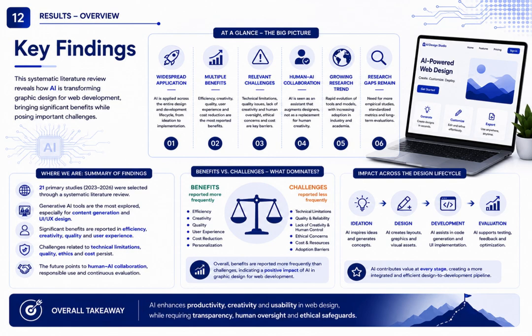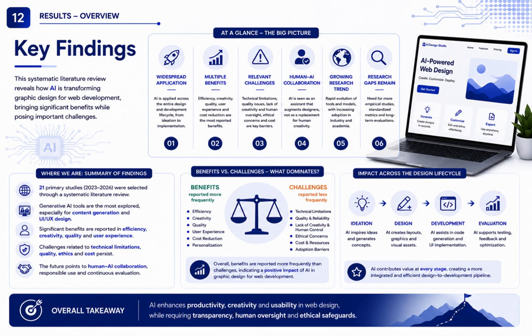Bringing all the results together, our review shows that artificial intelligence is rapidly transforming graphic design for web development. The evidence consistently demonstrates improvements in productivity, creativity, and user experience. However, these advantages are accompanied by challenges involving transparency, ethics, and collaboration between human and AI.